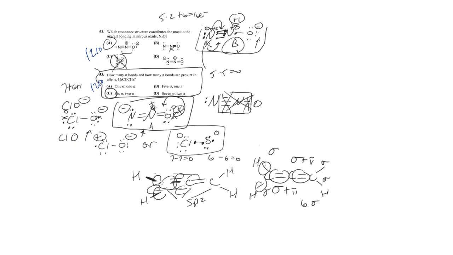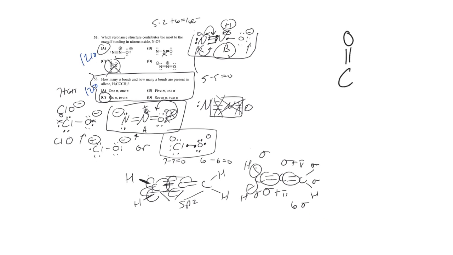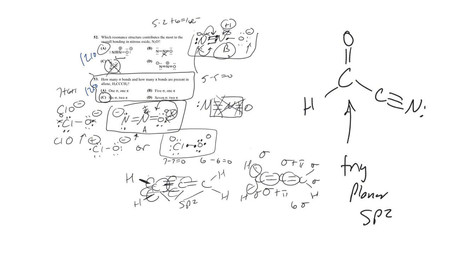Let's do another example. Let's look at one again where you have the Lewis structure shown, and let's even identify hybridization. So our hybridizations of the atoms go along with the trigonal planar shape for this carbon. Trigonal planar is sp2.